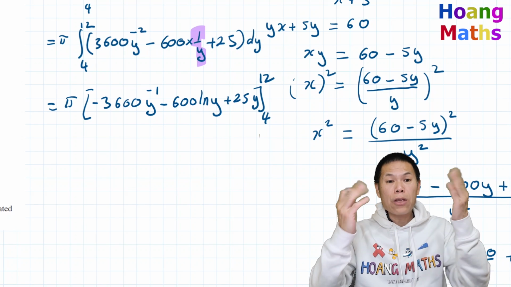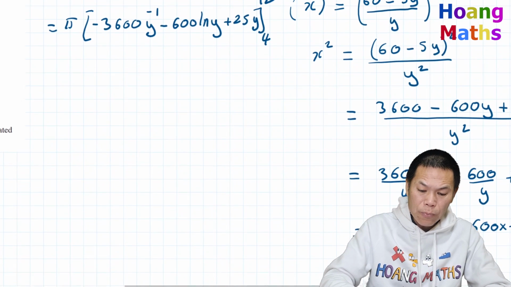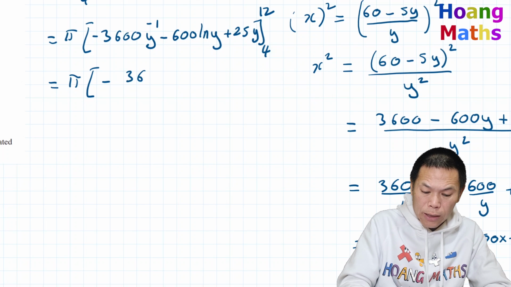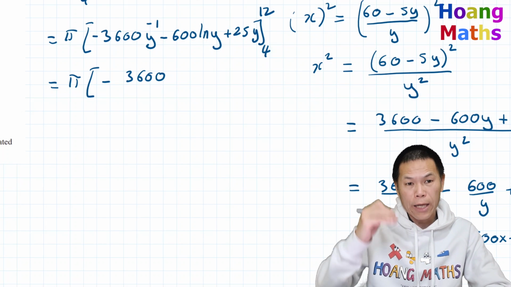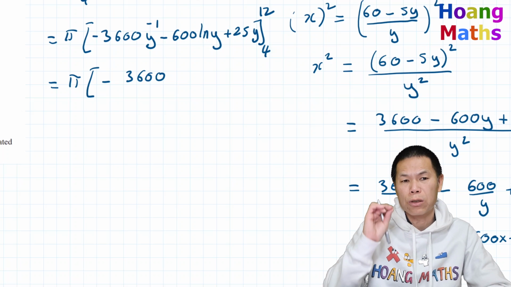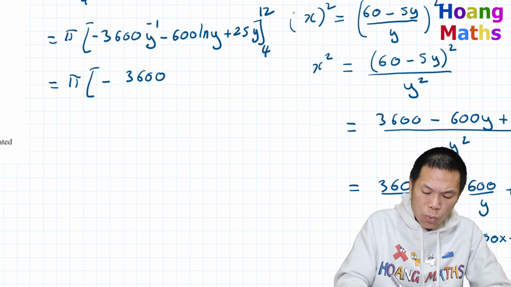So there you go. So I need to evaluate this, of course. So I go pi, and that becomes -3600 over y. Keep that in mind, because we bring down the -1 and it becomes +1. So 3600 over y, but y is 12, so over 12.